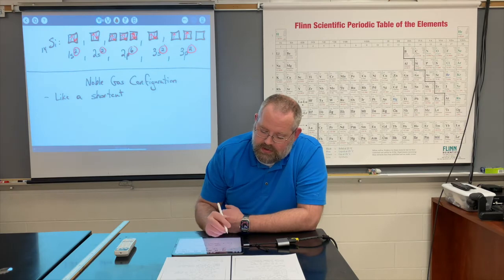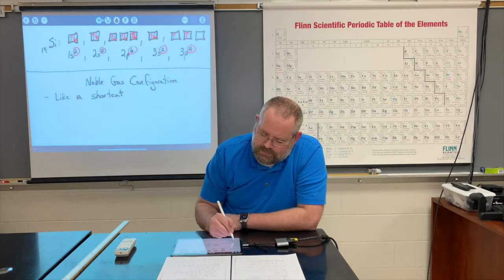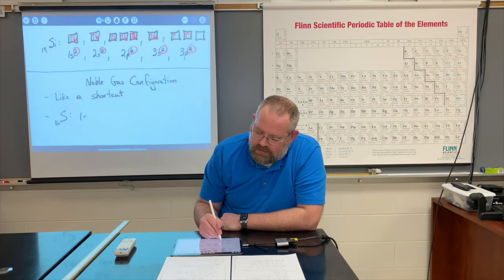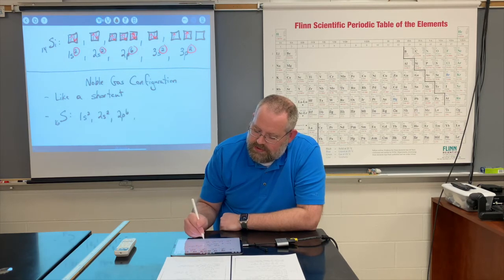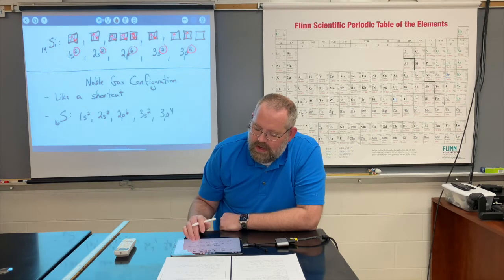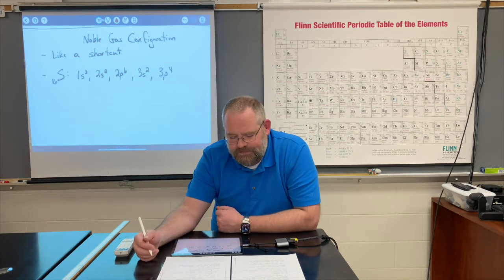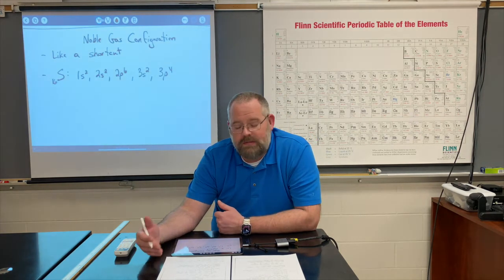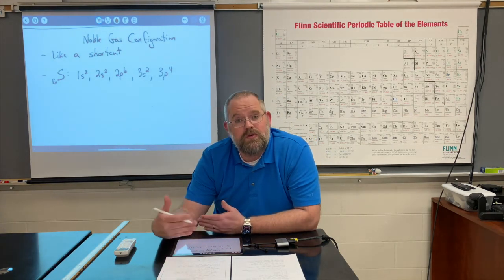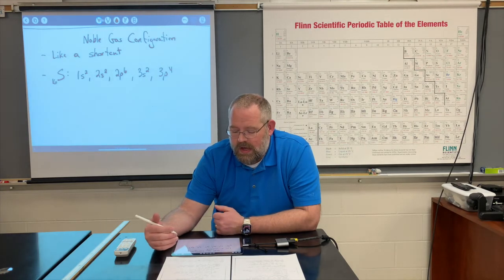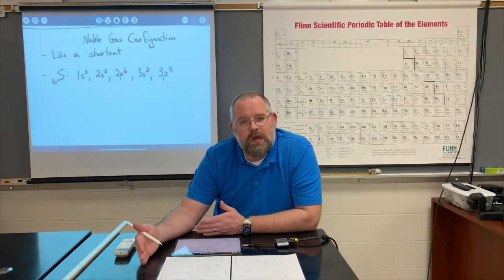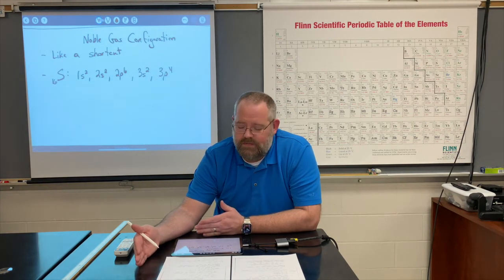Okay, so again, let's look at sulfur. So sulfur, just the electron configuration: 1s2, 2s2, 2p6, 3s2, 3p4. In noble gas configuration, we're going to use the electron configuration and show a portion of the configuration.